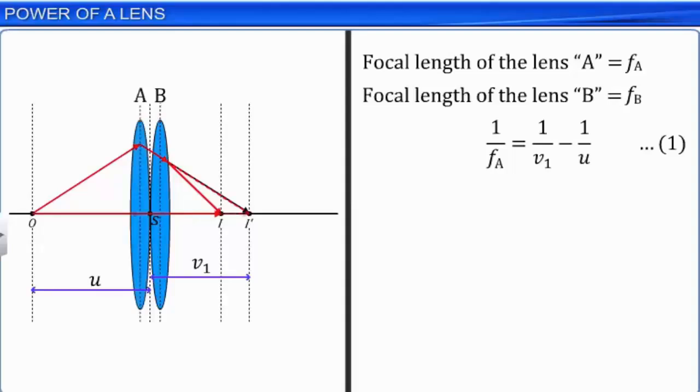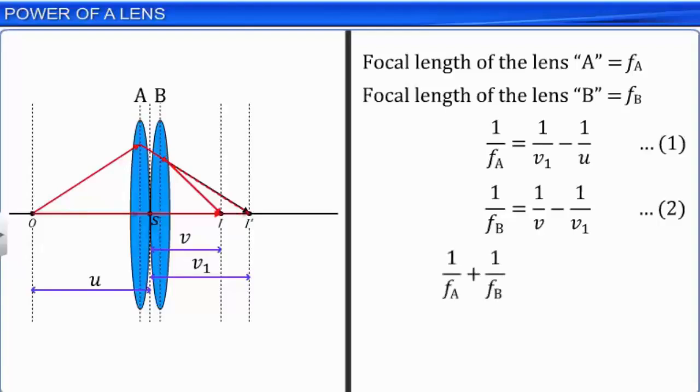By adding equations 1 and 2, we get 1/FA plus 1/FB is equal to 1/V minus 1/U. Let this be equation 3. For the system of two thin lenses in contact, U is the object distance and V is the image distance.